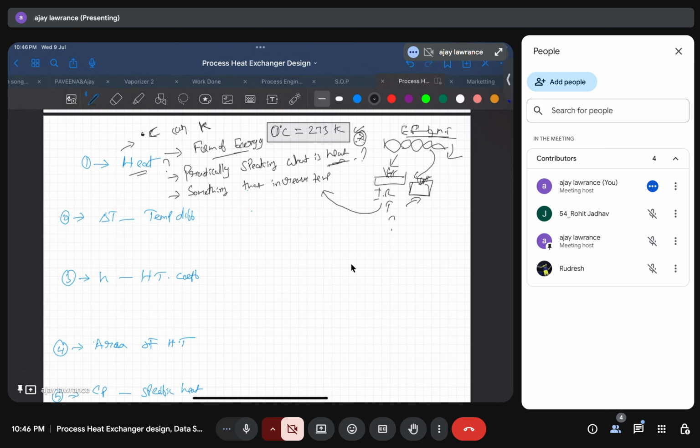For example, if there is a tank and there is water, if you open the pipe, water will travel like that, because of the pressure. What is pressure?